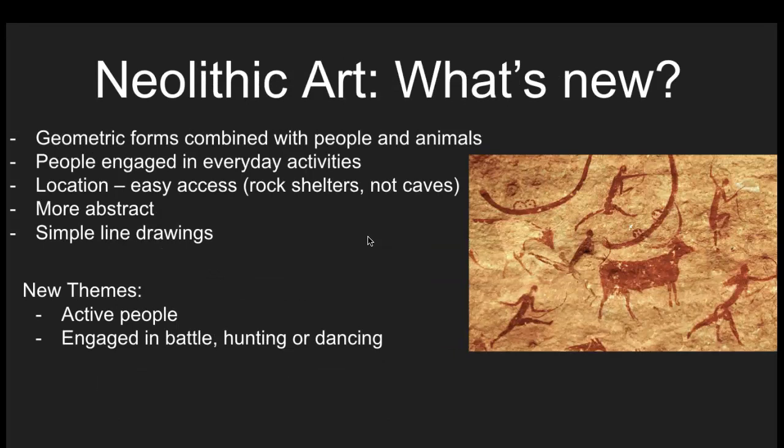What does that mean for the art that is produced during this period? What is new? What changes? Well, for one thing, we have more geometric forms combined with people and animals. Most of the work that we saw in cave paintings throughout southern France and northern Spain were of animals.